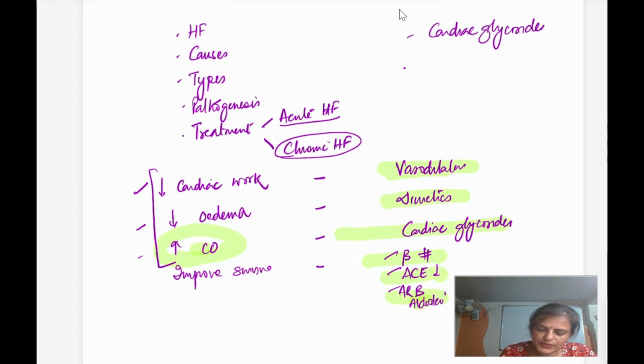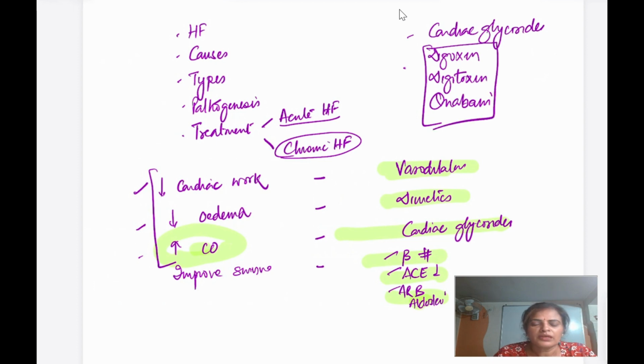Under the cardiac glycosides, the main drugs are digoxin and digitoxin. All three are obtained from plant sources. But nowadays, out of these three, clinically we use only digoxin.